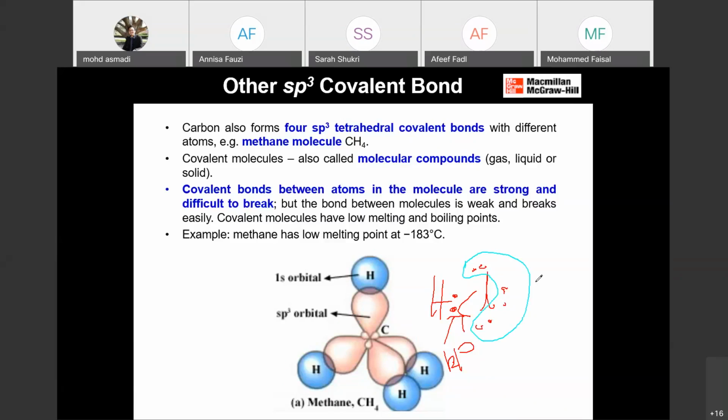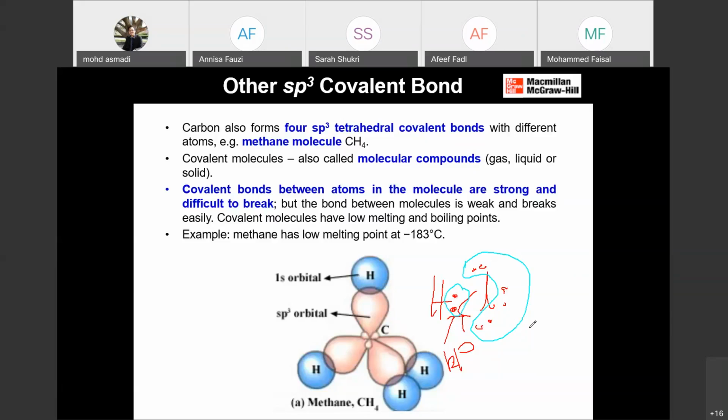It generally consists of two electrons in the same orbital from the same atom which are not involved in bonding. The bonding electrons form, like, a sigma bond.